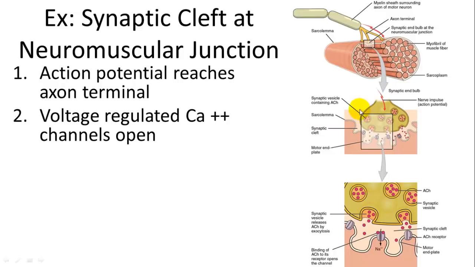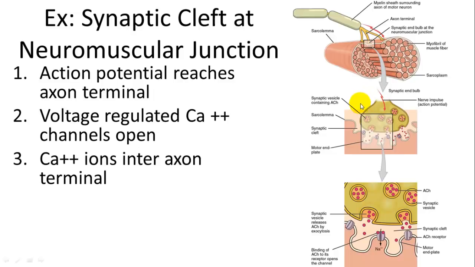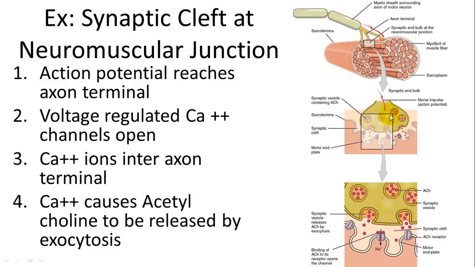They aren't pictured here, but those voltage-regulated channels would then open, and then calcium would flood into the axon terminal. That is going to cause synaptic vesicles, which have a neurotransmitter, acetylcholine, to be released into what's called the synaptic cleft here through the process of exocytosis.